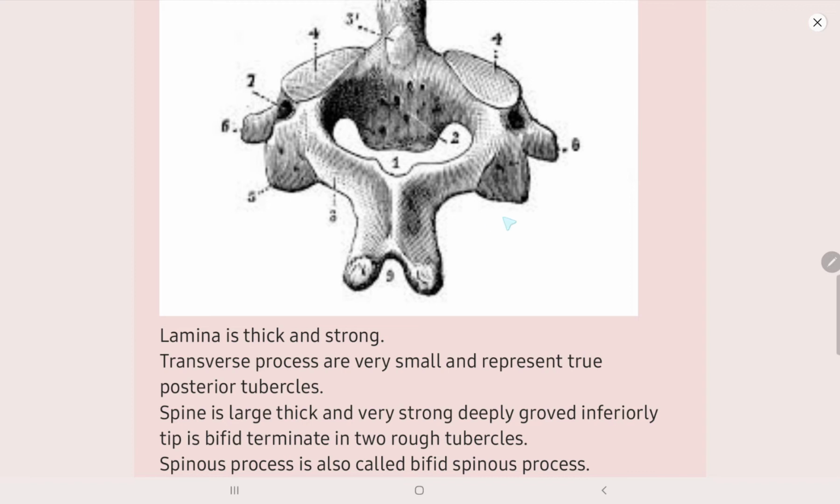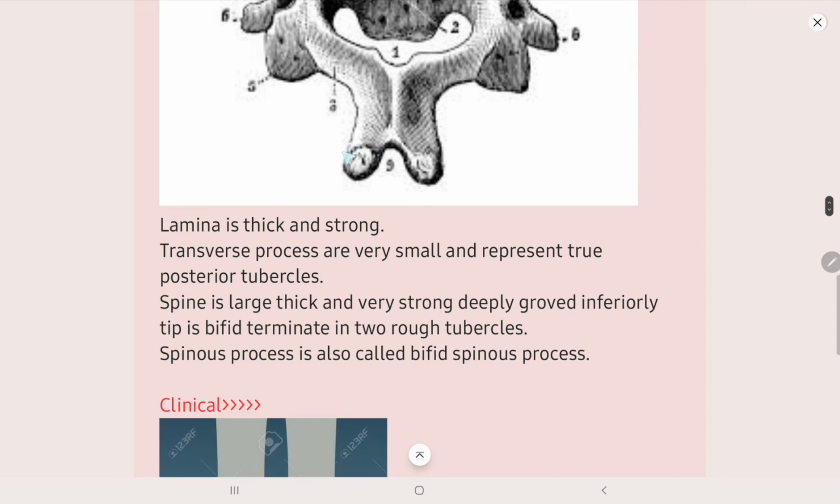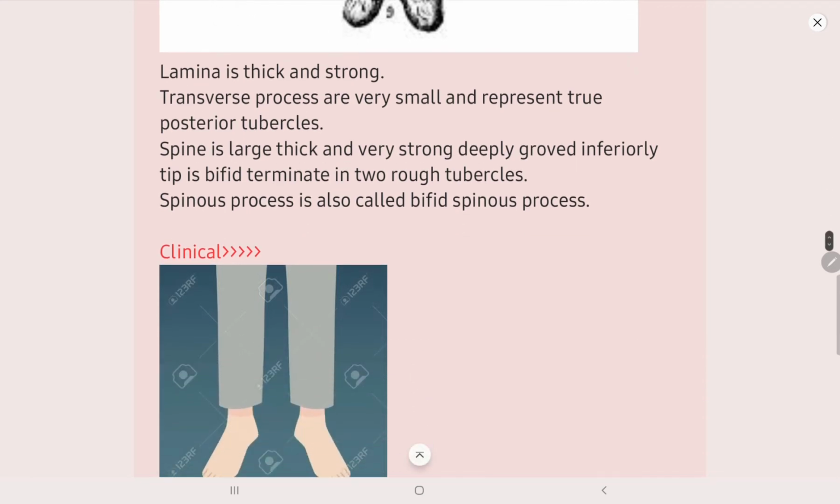The spine is large, thick and very strong, deeply grooved inferiorly. The tip is bifid, terminating in two rough tubercles, as I have already shown. So they are very thick, with a rough tubercle at the end of the spinous process.